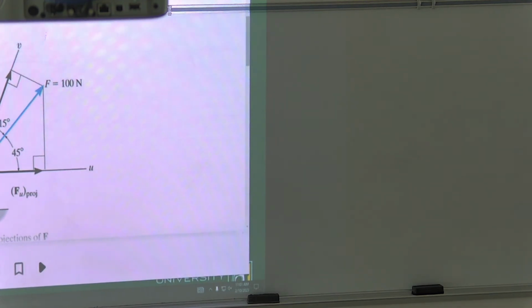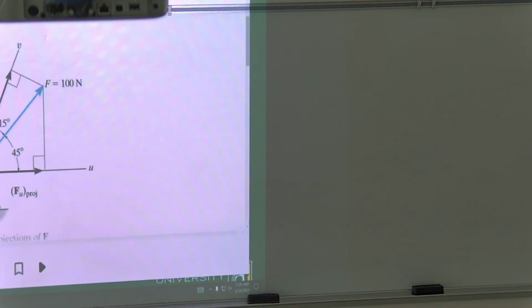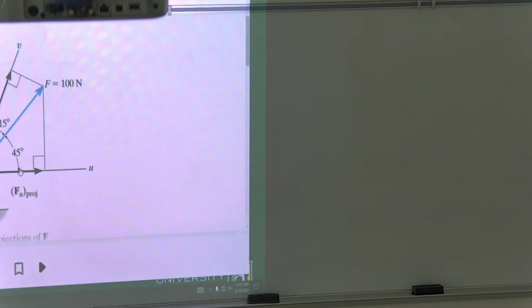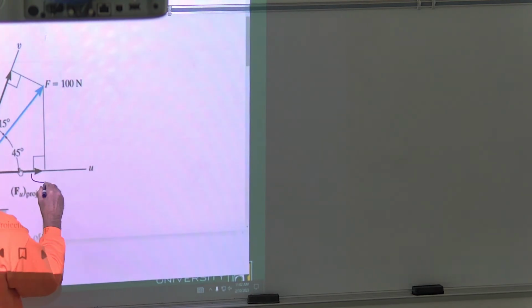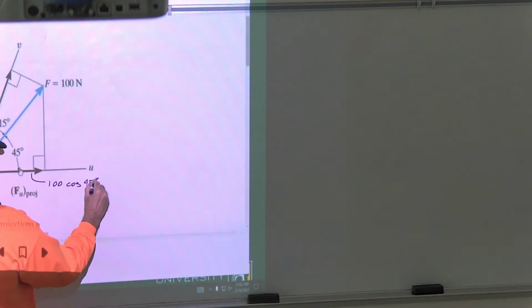Okay. So the problem itself says determine the magnitude of the projection of the force onto the U and then the V axis. Now this is kind of a weird thing, but it's okay. There are 2 or 3 ways you can do it. One is just take this one: 100 times cosine of the 45 degrees.